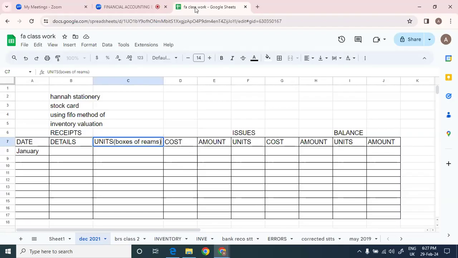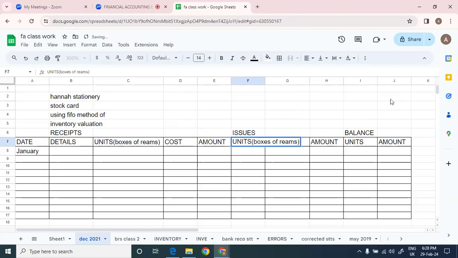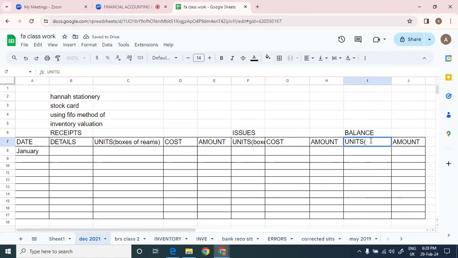Those who have joined us, we are doing the continuation from yesterday, December 2021, question number 2D. So even here show boxes of reams. Also here, you do the same in brackets, boxes of reams, so that we don't get confusions.